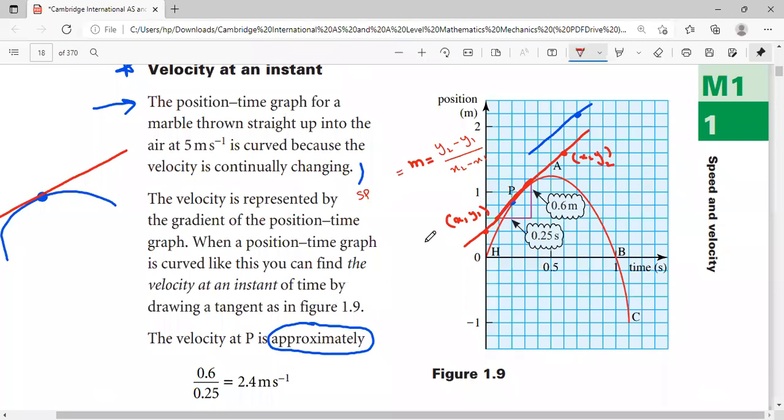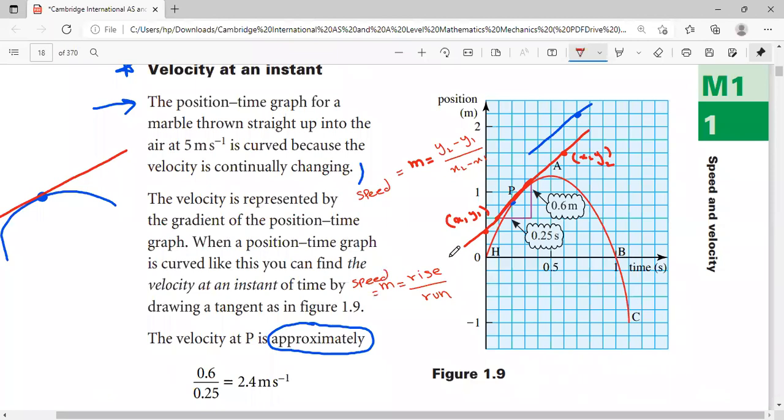Also, you can apply the gradient formula, rise over run. With the help of this, you can find the gradient of this line. Once you find the gradient, it is equal to the speed of that particle.